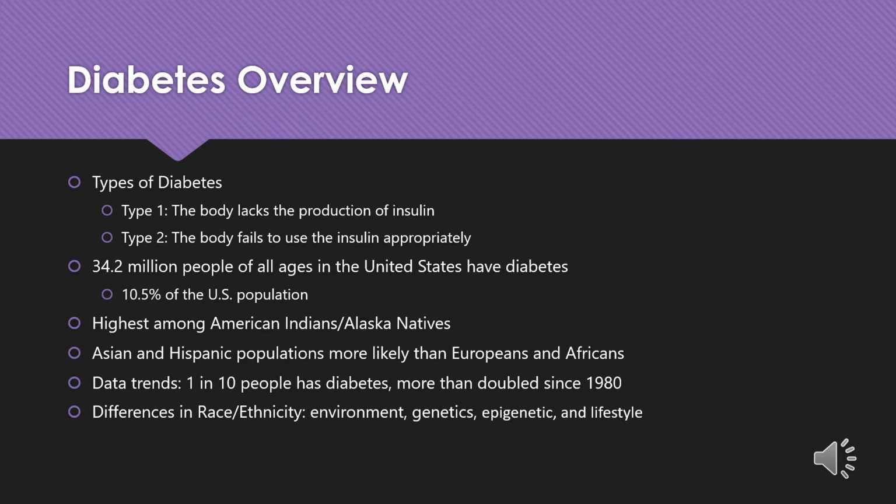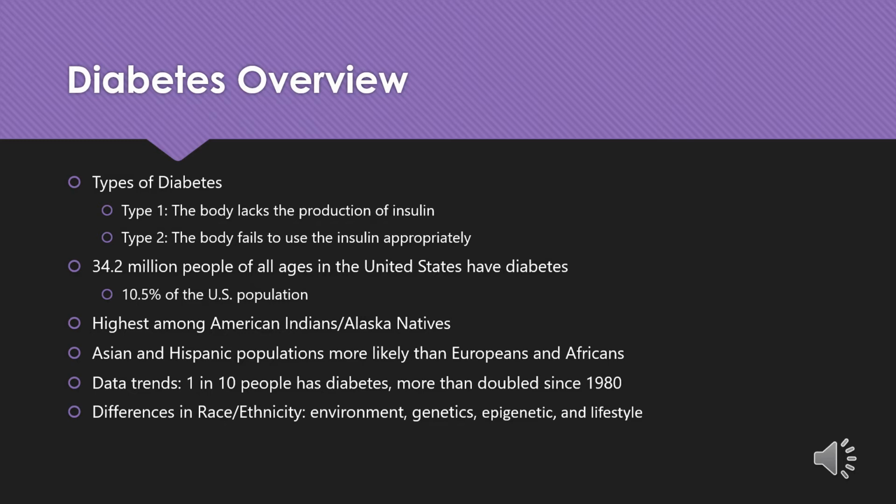According to the study, the prevalence of diagnosed diabetes was highest among American Indians and Alaska Natives at 14.7%, followed by Hispanic origin, 12.5%, non-Hispanic blacks, 11.7%, followed by non-Hispanic Asians at 9.2%, and non-Hispanic whites at 7.5%. After that study was conducted, they analyzed that Asian and Hispanic populations are more likely than Europeans and African populations to suffer from diabetes.